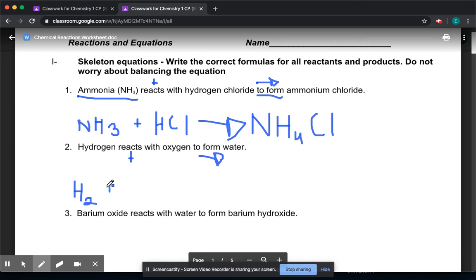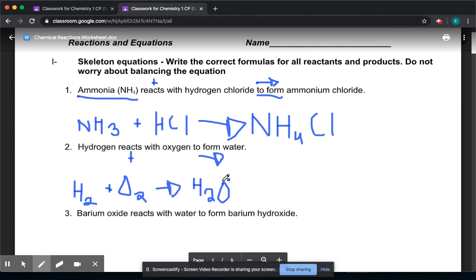Reacts with oxygen. Oxygen is O2. It is also one of those things that does not live alone. It lives in pairs. To form, arrow, water. What is water in symbol form? Remember, water is H2O. And that's number 1 and number 2.